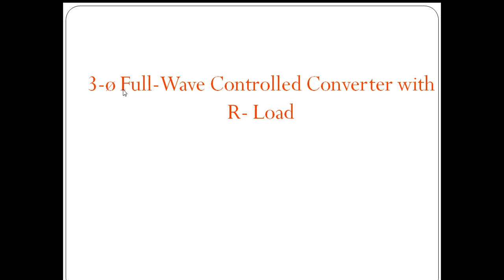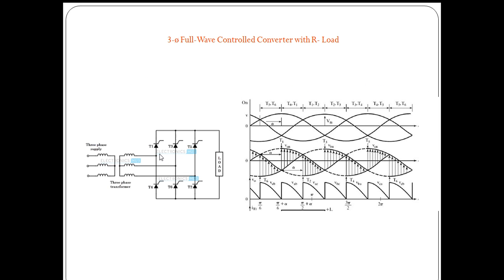Three phase full wave controlled converter with a R load. Whenever the load is consisting of resistive load, and we are getting full wave controlled operation, the circuit will be like this. So here we are getting the AC supply. It will be connected to a three phase transformer.